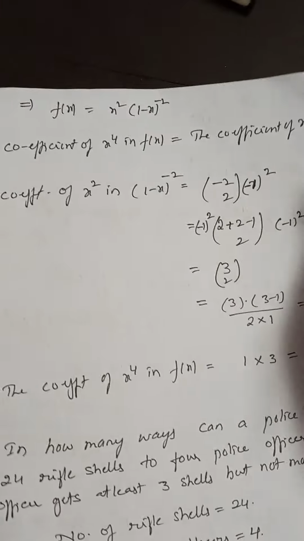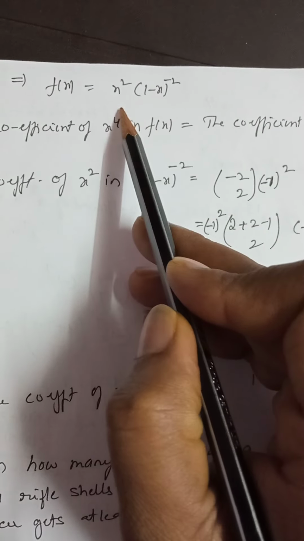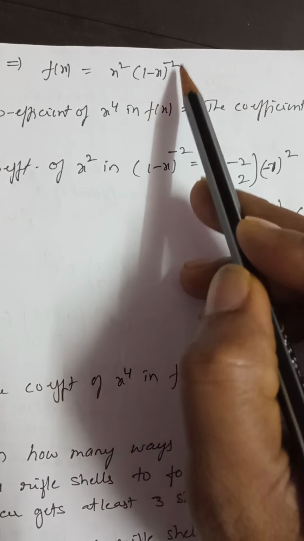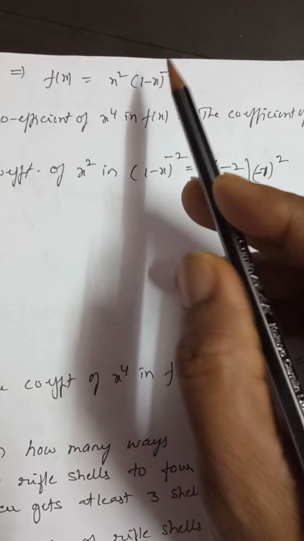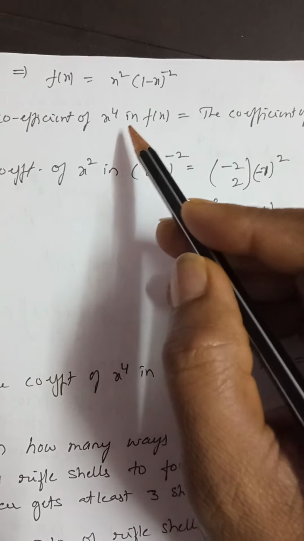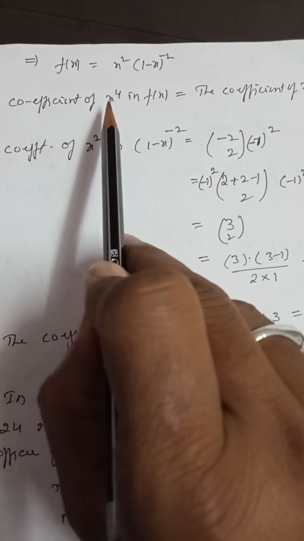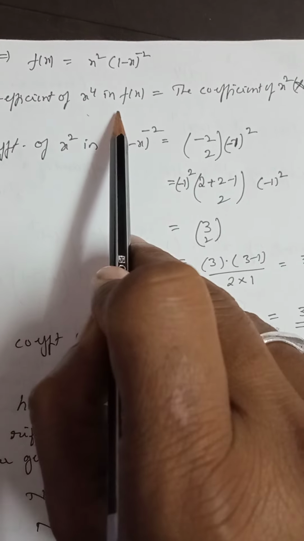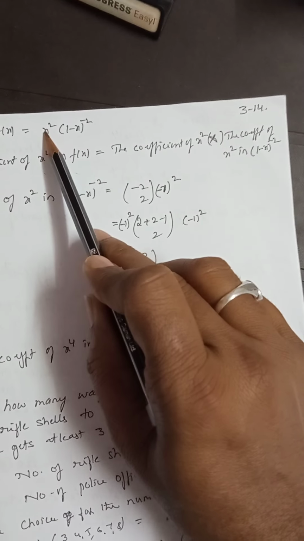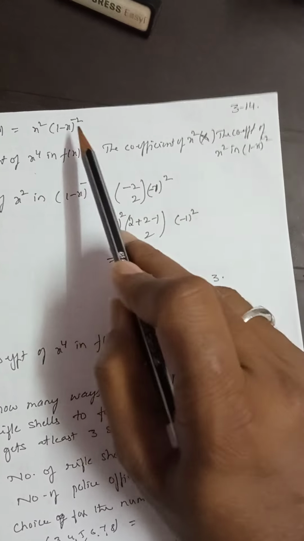Now again f of x is equal to x square into (1 minus x) to the power of minus 2, because we are transposing the denominator term to the numerator. Now here the coefficient of x power 4 we want in f of x. This is nothing but the coefficient of x square here into the coefficient of x square in (1 minus x) to the power of minus 2.